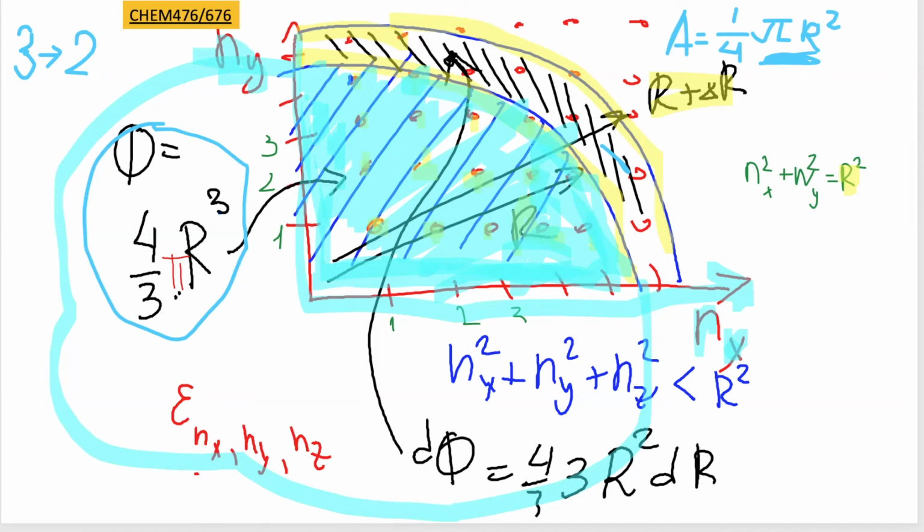And if I need to find the number of states inside this area, then it will be the derivative of the volume with respect to the radius.